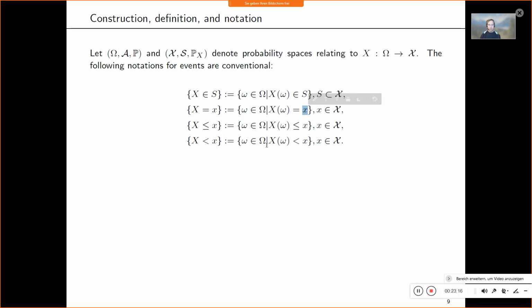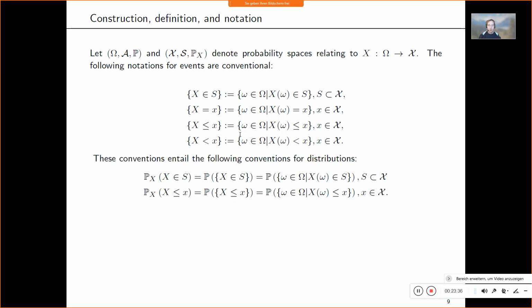So in terms of these events that one defines for random variables, one should always relate these events back to the events in the underlying probability space and their original sigma algebra. So this is what these things mean.